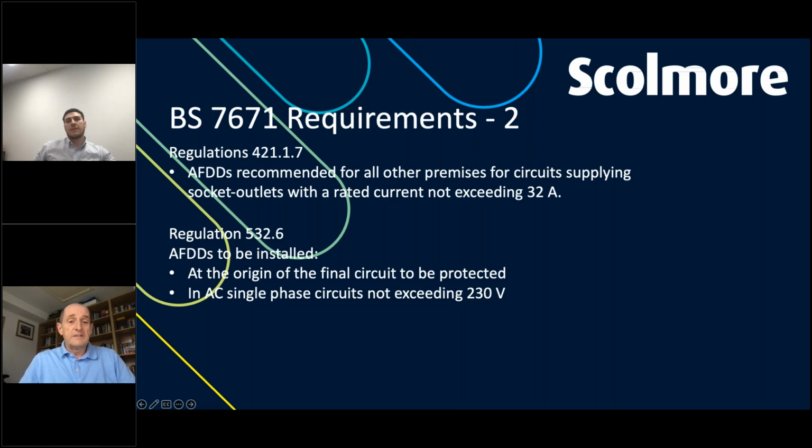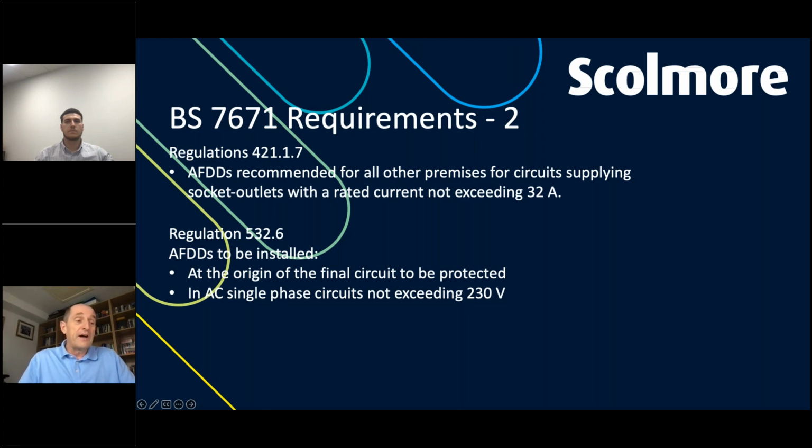The second recommendation. We still have a recommendation: AFDDs work, so why not include them if you can? It might be that in a normal domestic setting, the use of an AFDD makes good sense. You're not required to, but we do know that the guidance within 7671 recommends you ought to do it, unless there's a good reason not to.